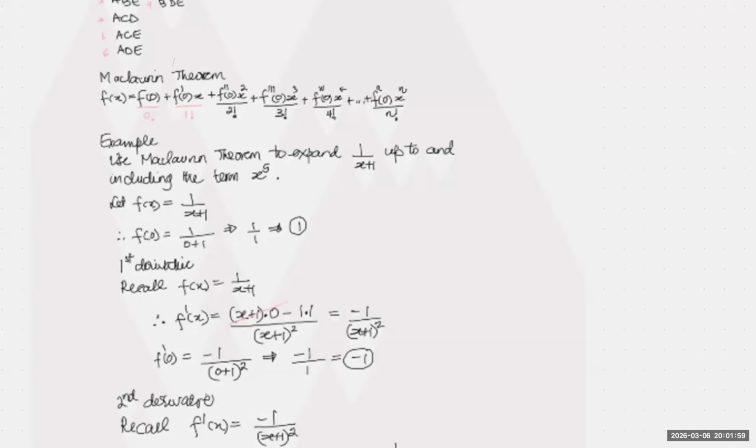Okay, so it doesn't have to be the quotient rule. Whatever function you're given as f of x is the function you're going to be working with, because you recognize in the question I said, let f of x be equal to 1 over x plus 1. But the Maclaurin's expansion says f of x is equal to f of 0 plus f dash of 0 times x over 1 factorial plus f double dash of 0 x squared over 2 factorial, so forth and so on. As I said, it doesn't have to be a quotient.